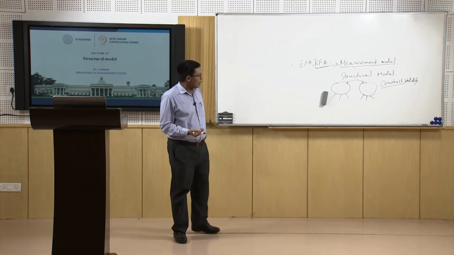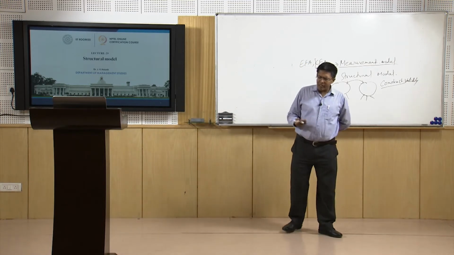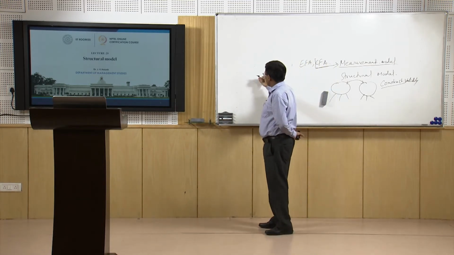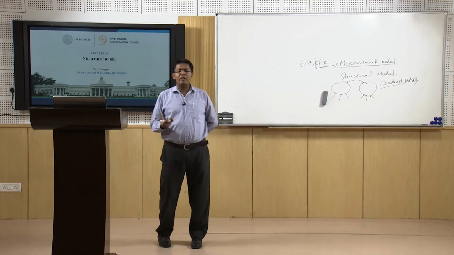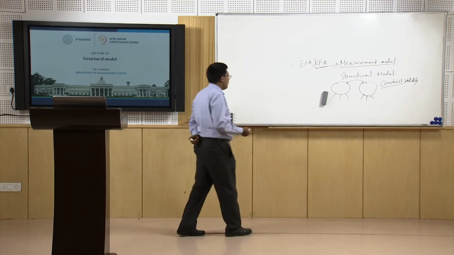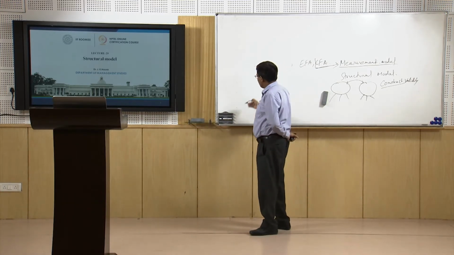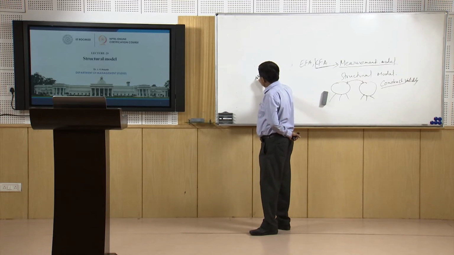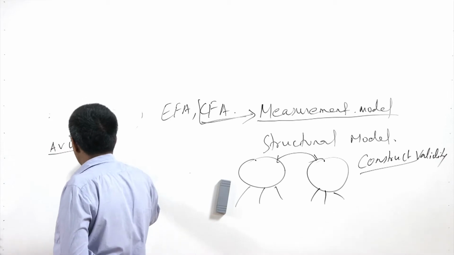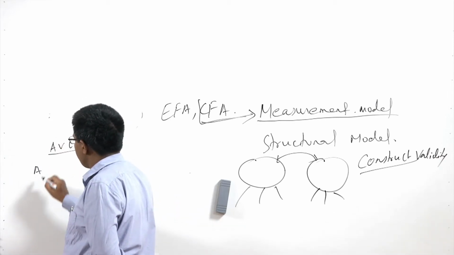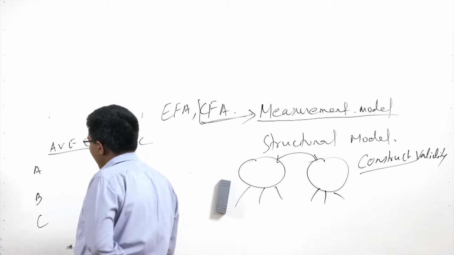That also helps us understand the convergent validity, there is a convergence. But discriminant validity occurs when we try to measure whether two constructs are sufficiently separate from each other. Construct A and B should be sufficiently different from each other. To do that we use the average variance extraction value and compare it with the correlation.